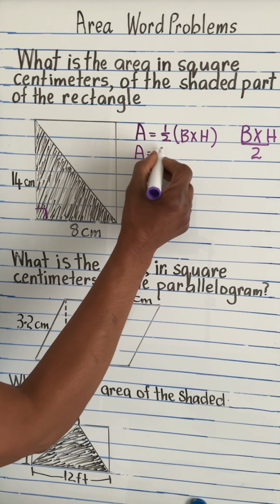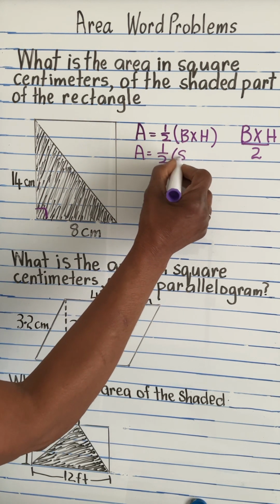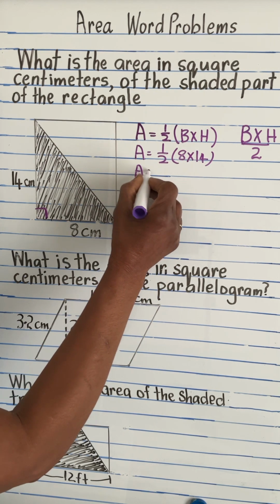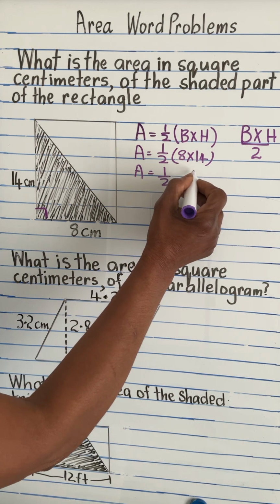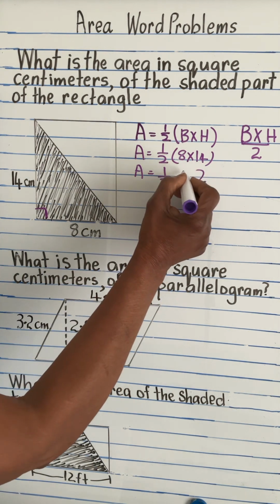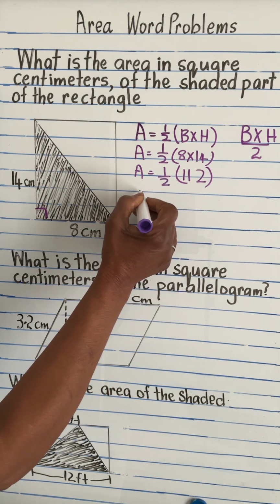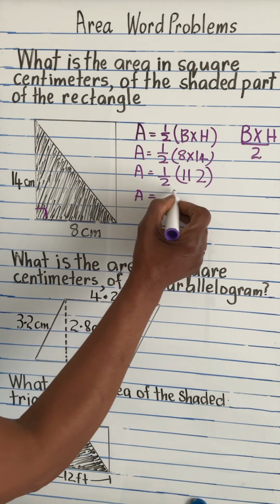Area equals half base, that is 8 times 14. Area equals half, 8 fours are 32, 8 ones are 8, and 3 is 11, 112. So that is half of 112, and half of 112 is 56.